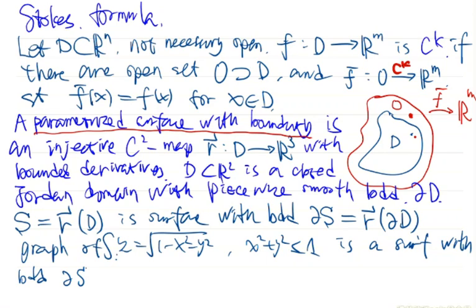Okay, the picture is here. This is the hemisphere, that is the graph of this z function. So the boundary is the unit circle in the xy plane. But if you change the domain of definition to x squared plus y squared less than 1, then this is not a surface with boundary. This is simply a surface without boundary.